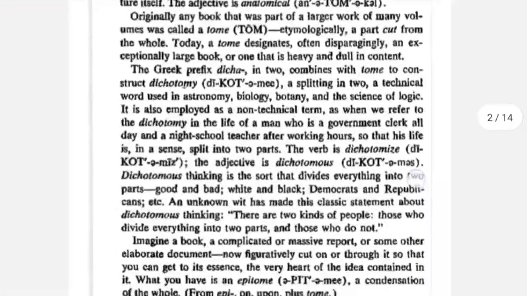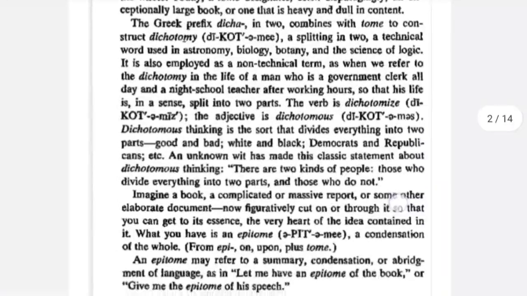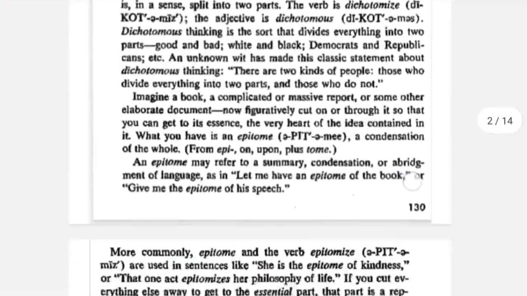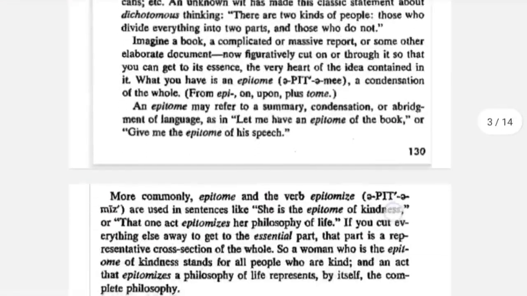The next word is dichotomy, which has the roots dicha, which means into two, and tom, which means cut. So dichotomy means splitting or cutting into two parts. The next word is epitome.